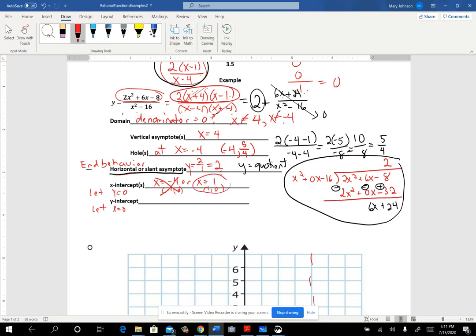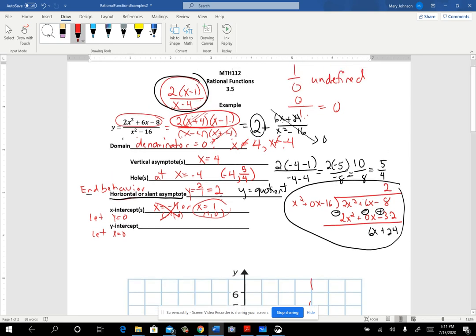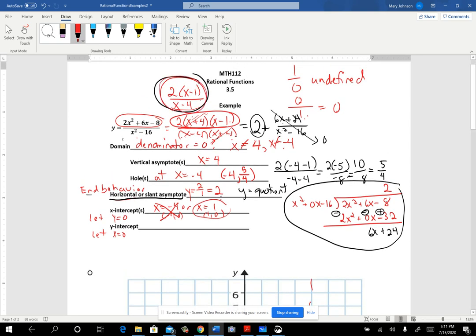Another way to think about it is you can let y equal 0 on the simplified version to find the x-intercepts. Now for the y-intercept, you let x equal 0. So if you were to let x equal 0, that means you have to plug in a 0 everywhere. And if you do, you're going to wind up getting 2 times 0 squared plus 6 times 0 minus 8.